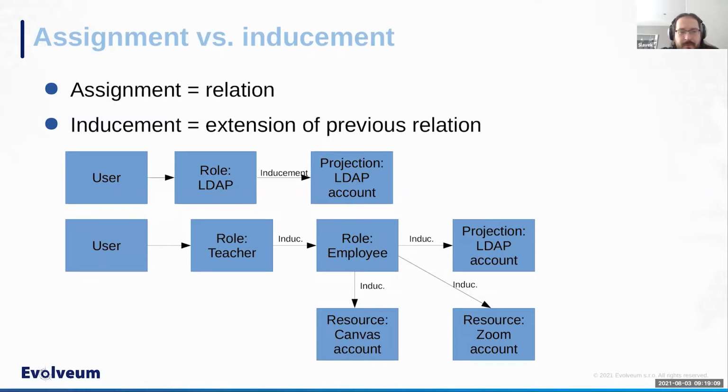So at the end, all this projection will be applied to the user because it's the first assignment, and the inducements between are just basically extension of that assignment relation.